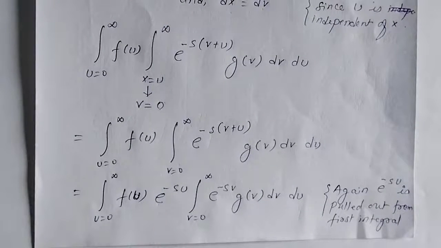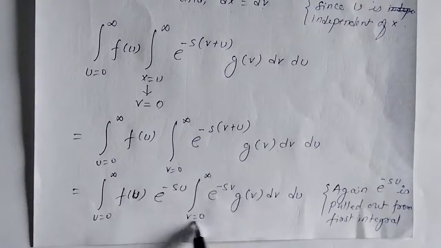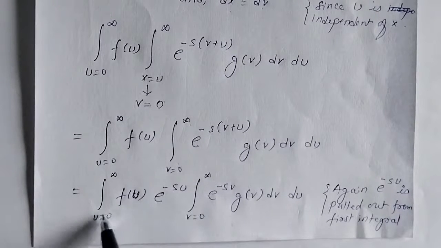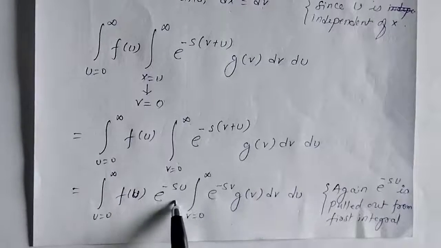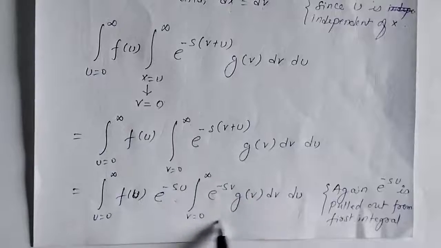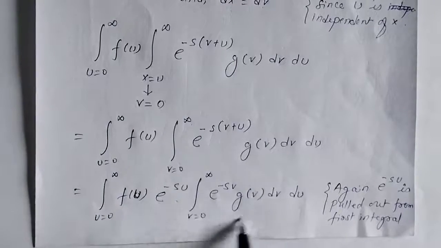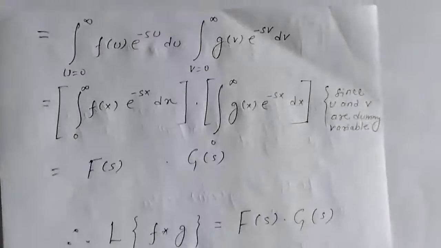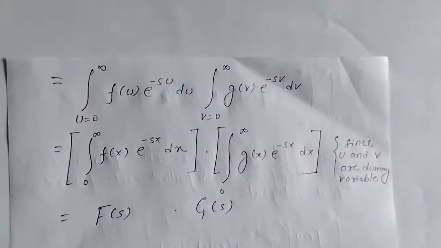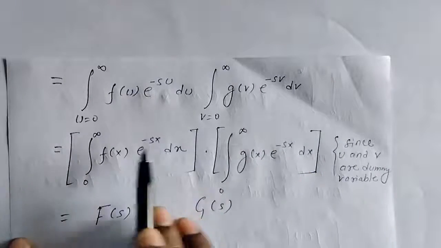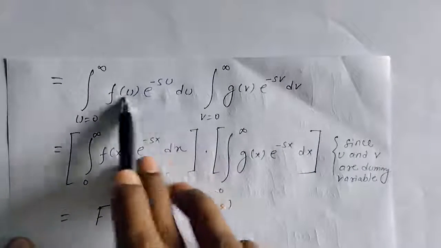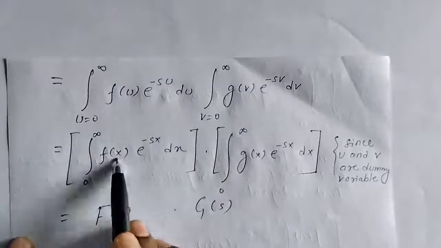Now you see, we can separate this: this is one integration and this will be another integration. You can take du here, because for du everything inside this first integration is a constant. So here is what we have done. Now u is nothing but a dummy variable here, so you can replace u with x.